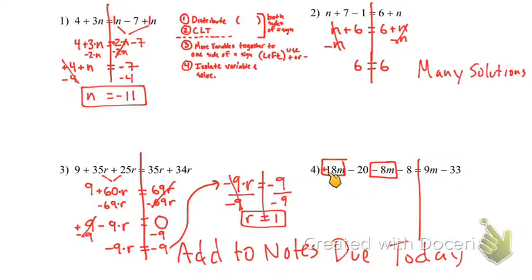The winner's going to be the 18, and they're going to win by 10. So it's going to be positive 10 times m. Okay, so I combined those. Now, if you look, you can combine negative 20 and negative 8. They're on the same team, so we're essentially going to add them to make a bigger team, and that's going to give me negative 28.